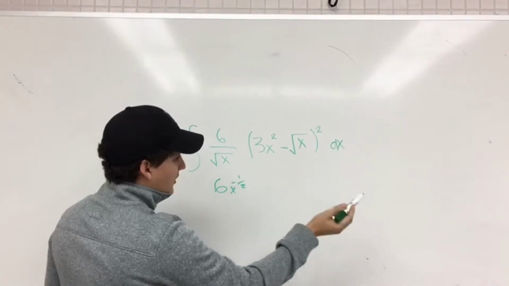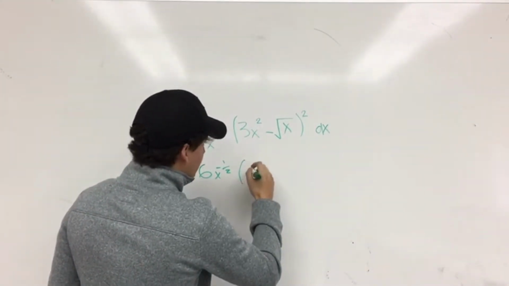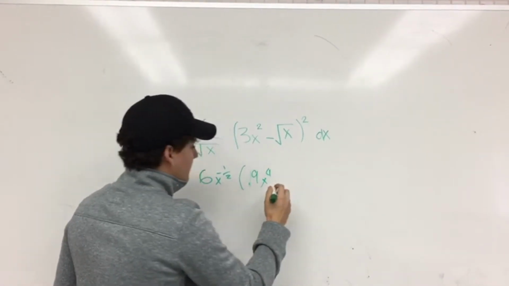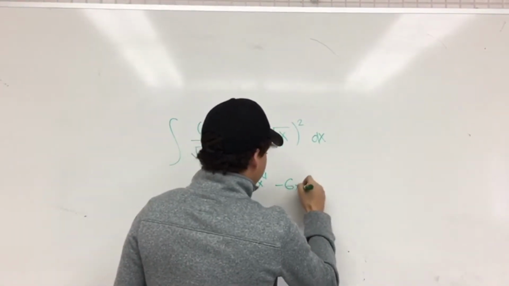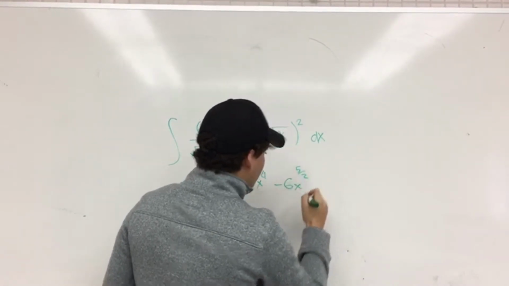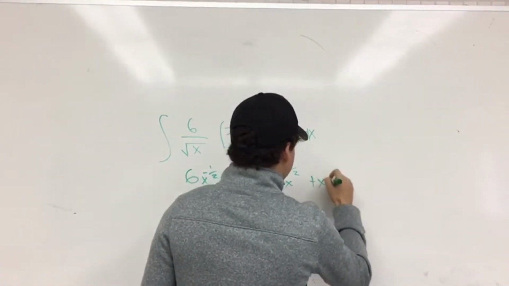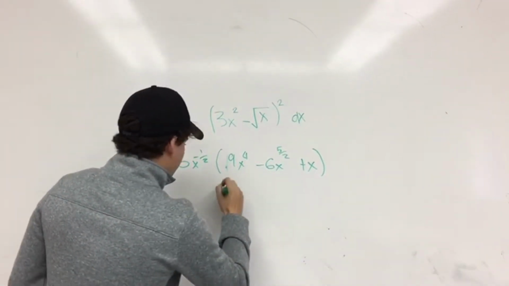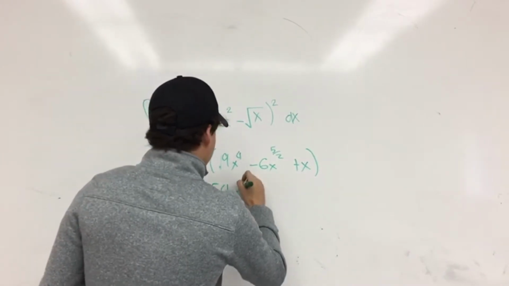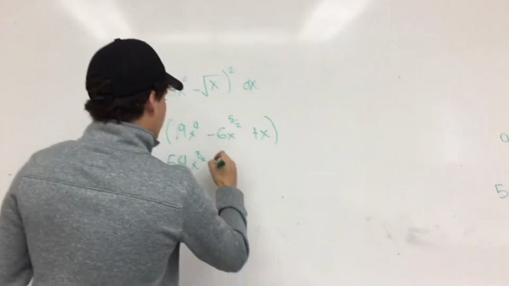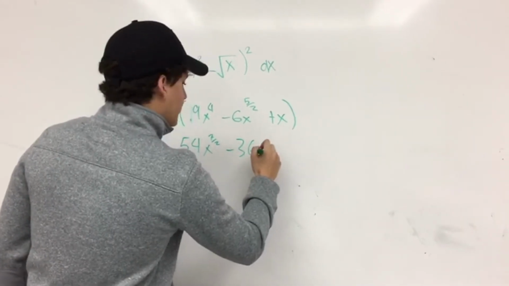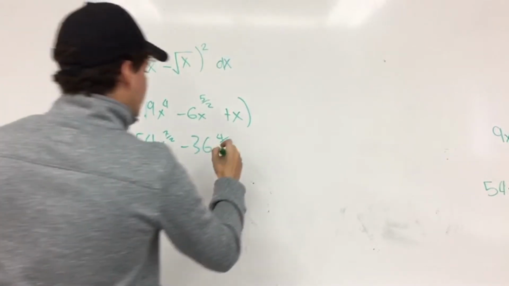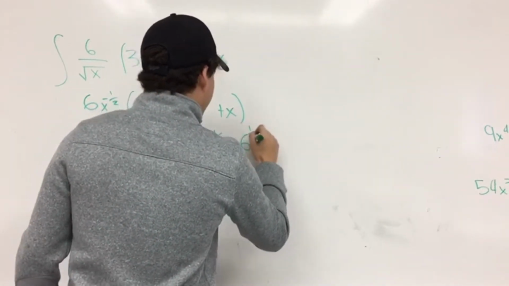You can then do the distributive property, and this will give you 9x to the 4 minus 6x to the 5 over 2 plus x, and then here you do the distributive property, and that will give you 54x to the 7 over 2 minus 36x to the 4 over 2 plus 6x to the 1/2.